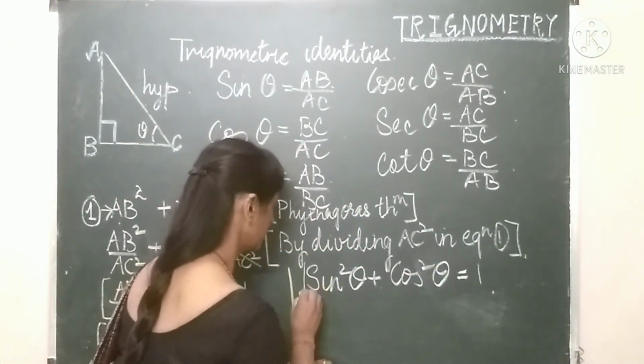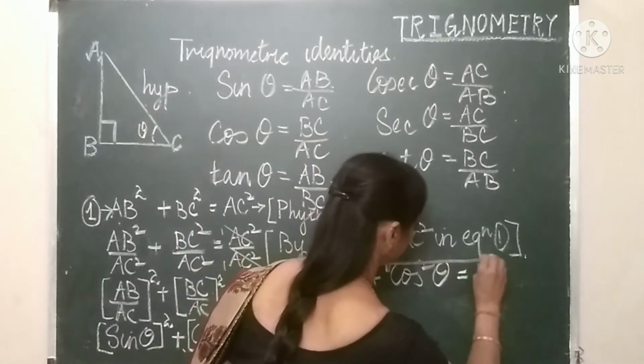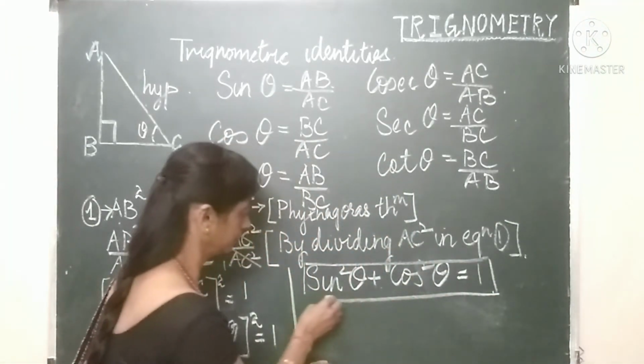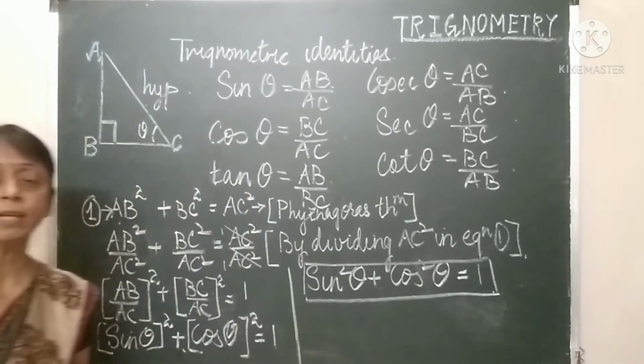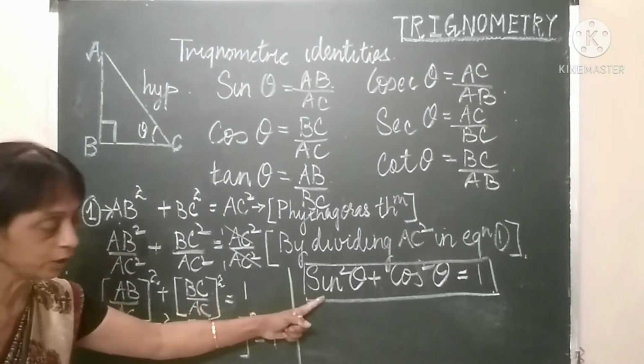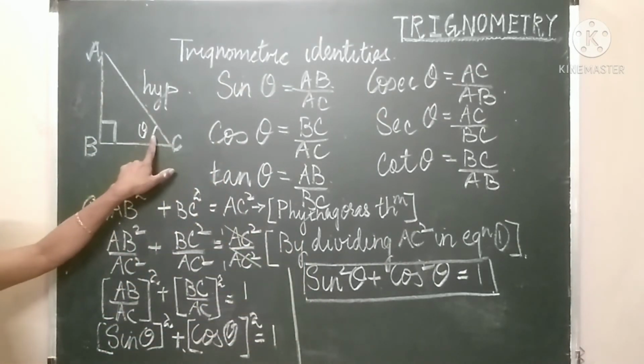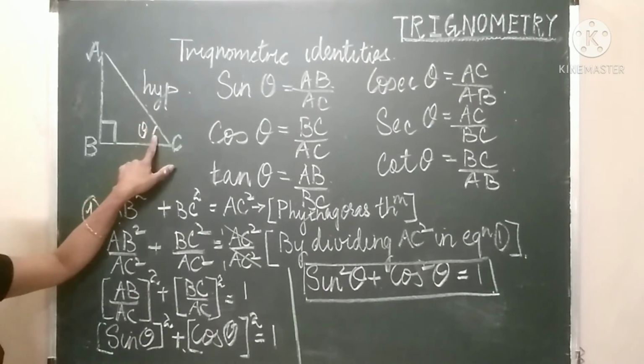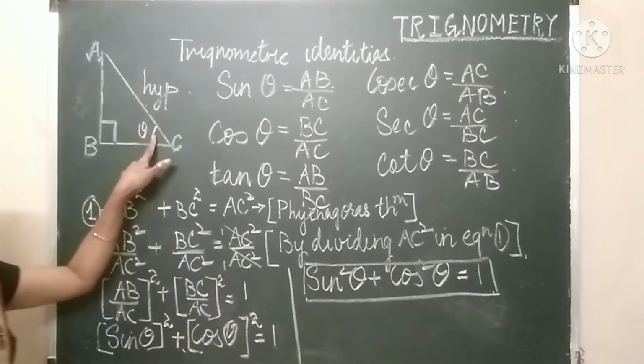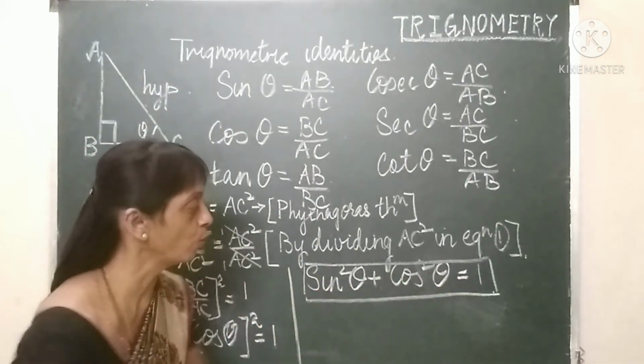This is the first trigonometric identity. So what did we conclude? We concluded that sin square theta plus cos square of the same acute angle is equal to 1.